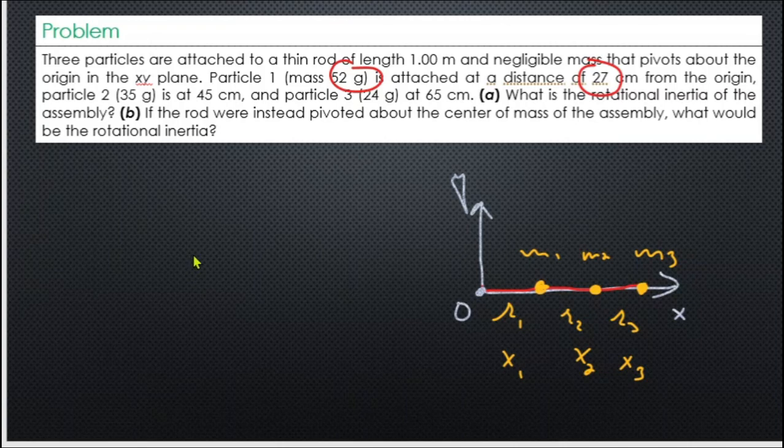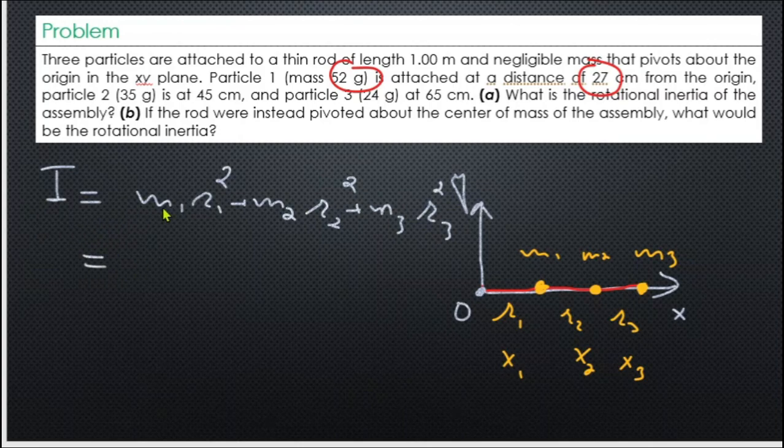In the first part, we are given that this rod is pivoted about the origin. So in the first part, we have to find the rotational inertia of the assembly around this axis or around that point. So the rotational inertia would be equal to m1 r1 square plus m2 r2 square plus m3 r3 square.